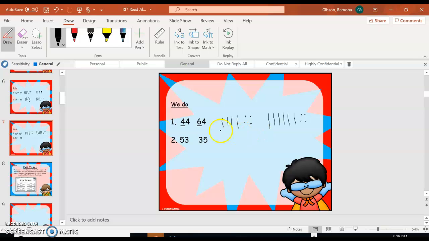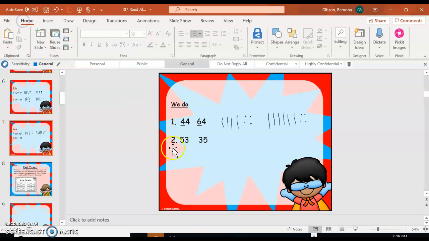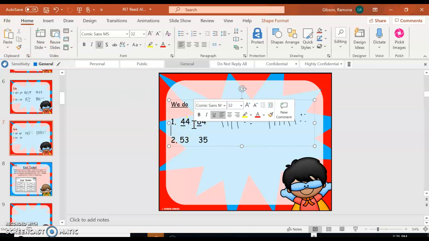So now I see that 44 has 4 tens and 4 ones, and 64 has 6 tens and 4 ones. So that means the number 64 is going to be larger than the number 44. And so we would read that left to right, 44 is less than the number 64.